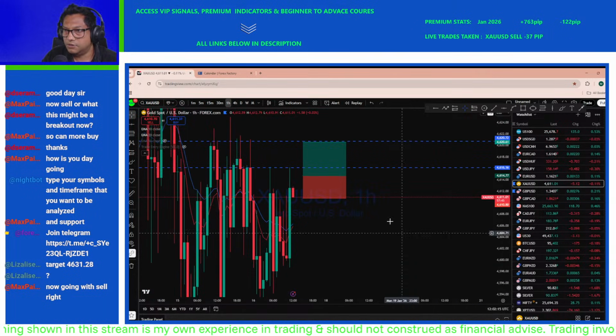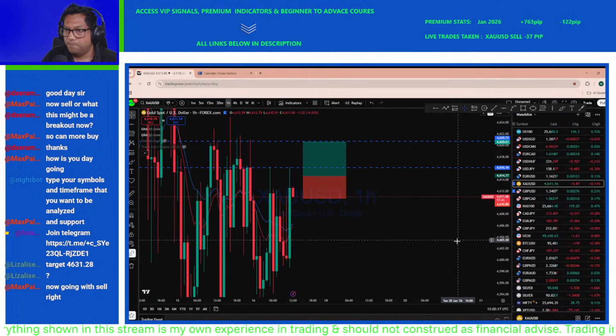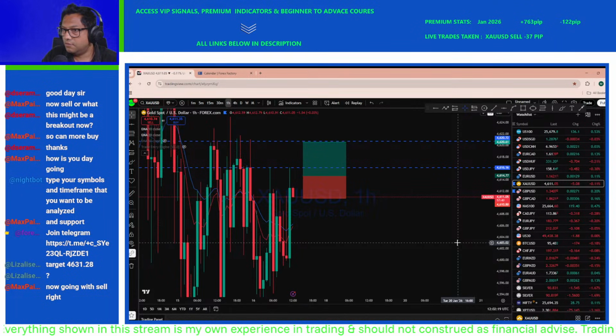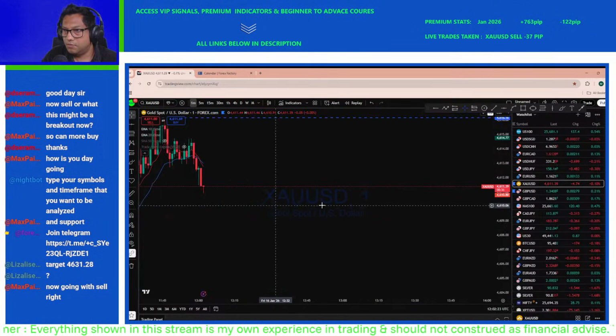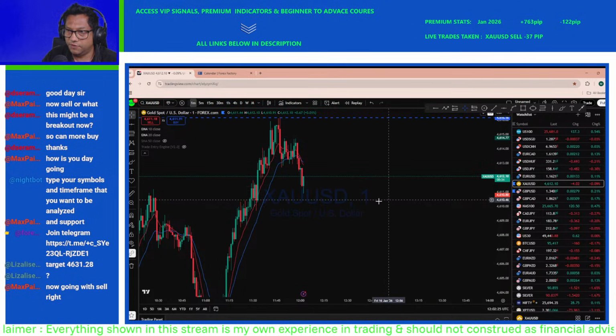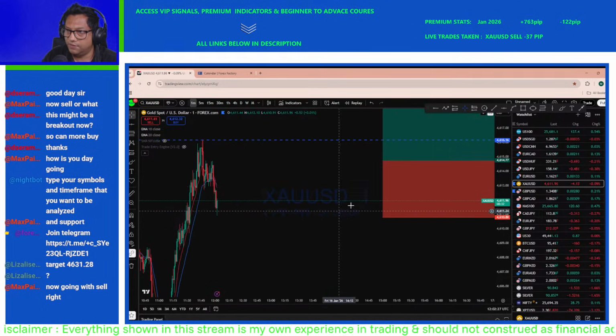I think there is a double top here, and there's a possibility for stronger rejection from this level.